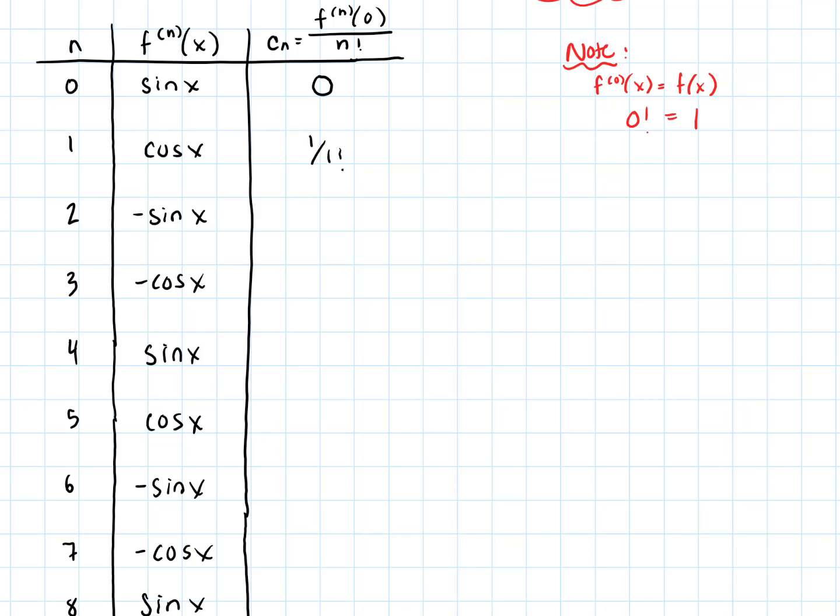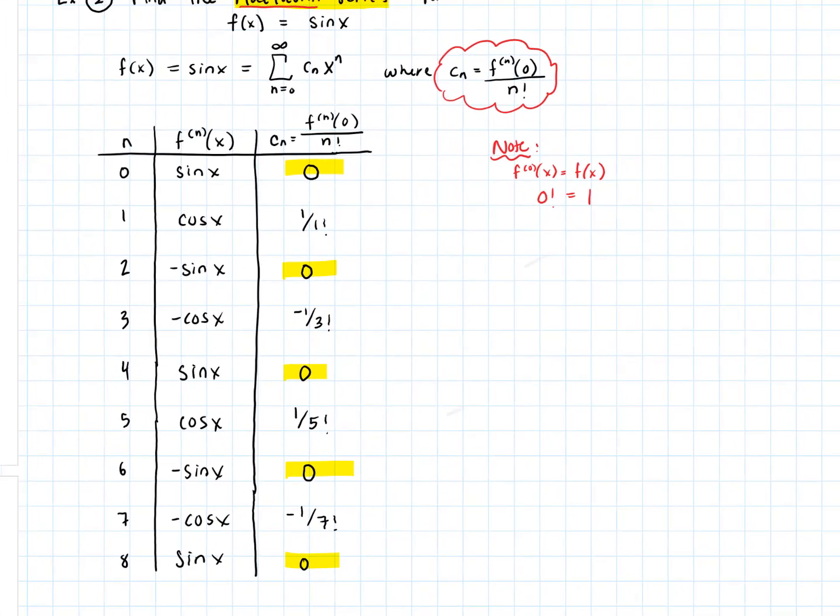The next coefficient will be 0. The next coefficient will be negative 1 over 3 factorial, then 0, then positive 1 over 5 factorial, then 0, then negative 1 over 7 factorial, and then 0. So notice what is actually happening here, that every other term is actually 0.